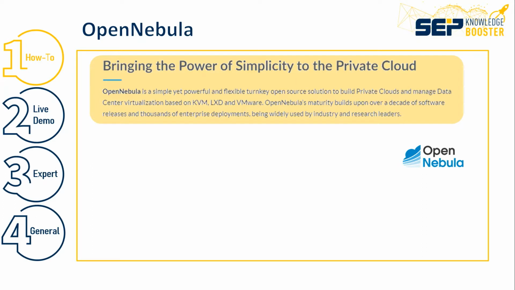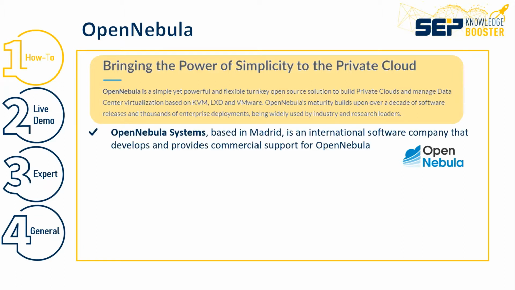OpenNebula is definitely a product that's very important in bigger companies, if they have their own private clouds and so on. OpenNebula Systems is based in Madrid. However, they are an international software company, and they are essentially active with their customers all over Europe, I would guess. Not so much in the United States, but it's well known all over Europe.